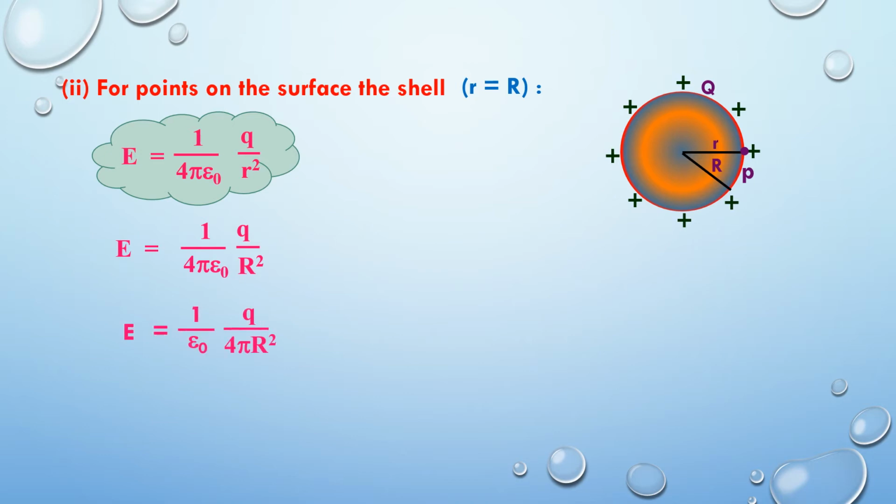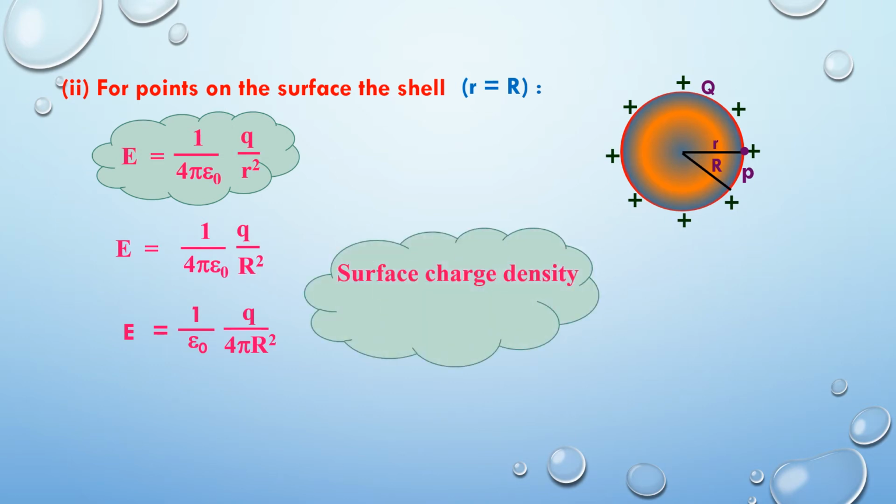Hence, E is equal to 1 upon epsilon naught times Q by 4 pi r squared, where Q upon 4 pi r squared represents surface charge density, sigma is equal to Q upon A, which is equal to Q upon 4 pi r squared. Therefore, E is equal to sigma upon epsilon naught, which is your expression to find the electric field on the surface of a shell.